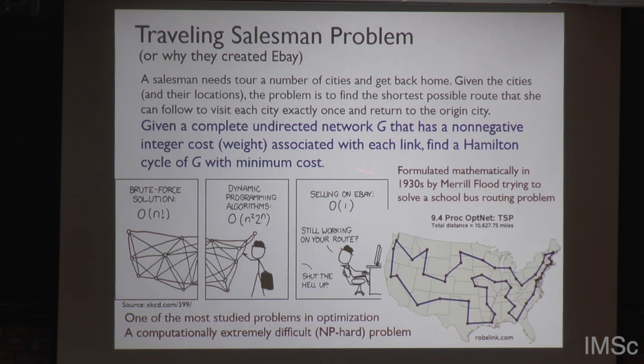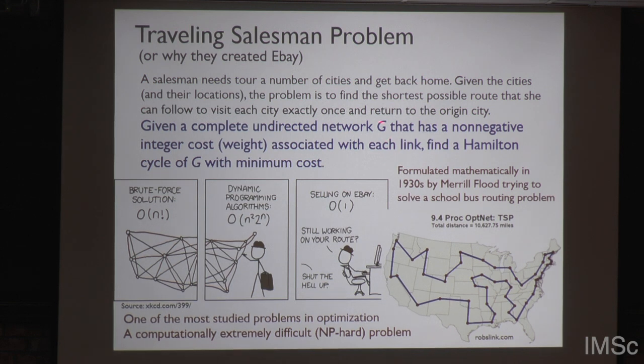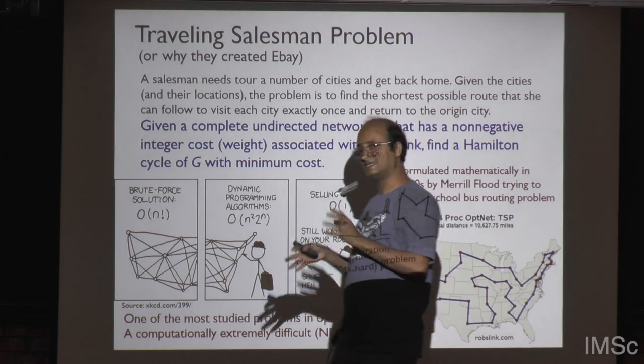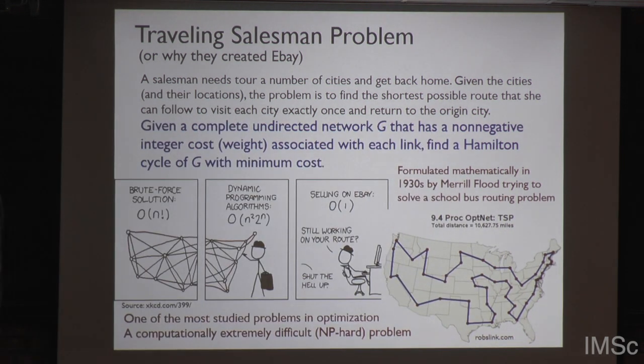Okay? And if you want to translate this into network language, you are asking the question that, given a complete undirected network that has a non-negative integer cost associated with each link, so that's the cost of traveling from one node to another, or maybe it's related to the distance, is there a Hamilton cycle having minimum cost? Okay. Now, for a few cities, like if you're dealing with something on the order of 10 or so, you can still use a computer to find it, but quickly it becomes extremely difficult to solve with increasing n.